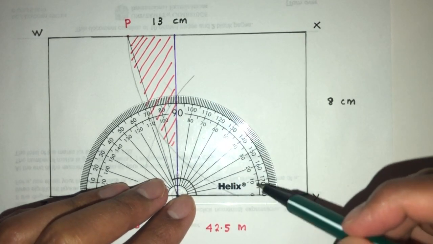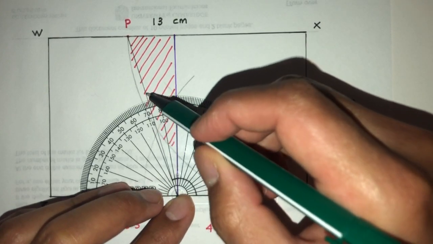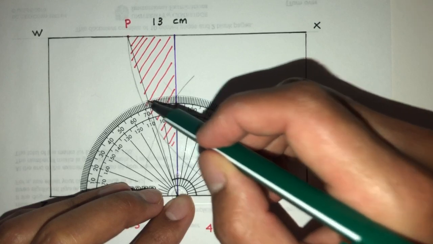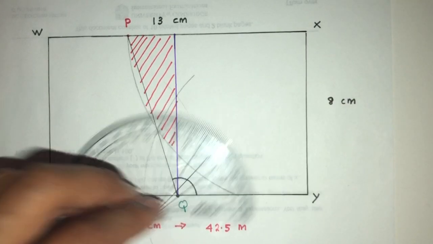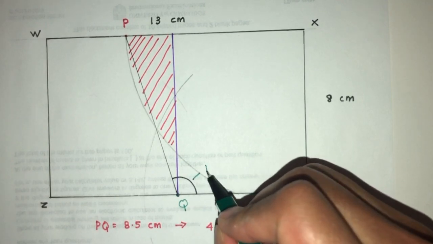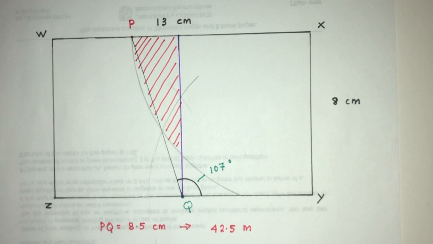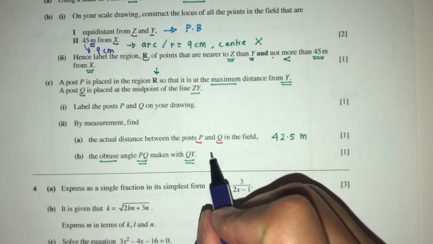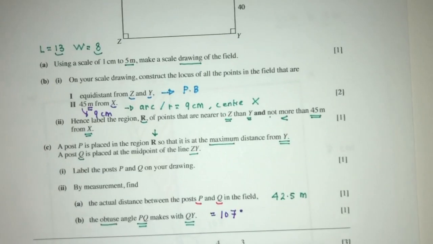So here we have a 0 until this point, which is right here, 105, 6 and 7. So 107 for the value of the angle according to my measurements. Now your angle may be a bit different, but it should be around the same range. So that will be 107 according to my measurement. That is question number 3.